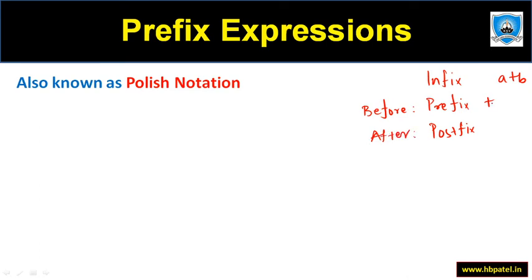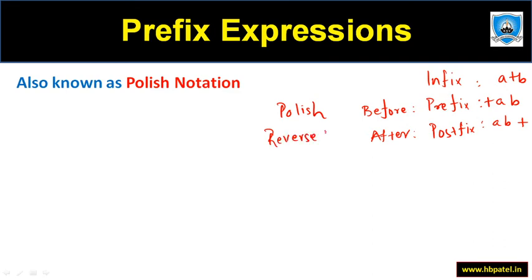So pre means we'll be putting the operator before the operand, something like this. And in case of postfix we'll be putting the operator after the operand, so it will be like this. Prefix we call Polish notation, and postfix we call reverse Polish notation.